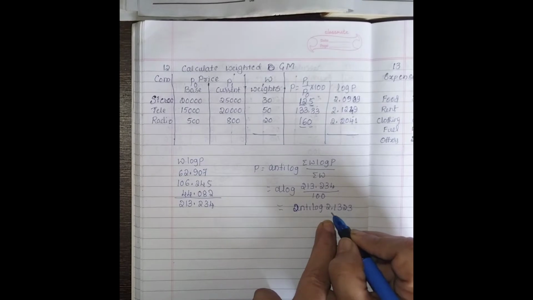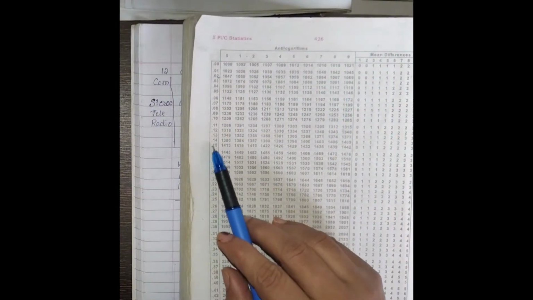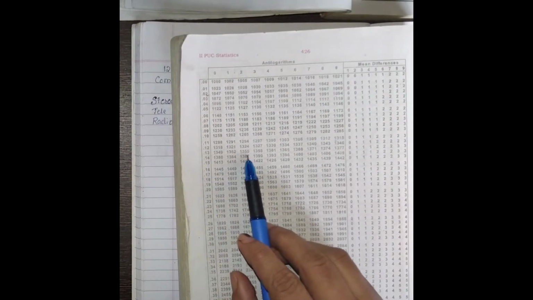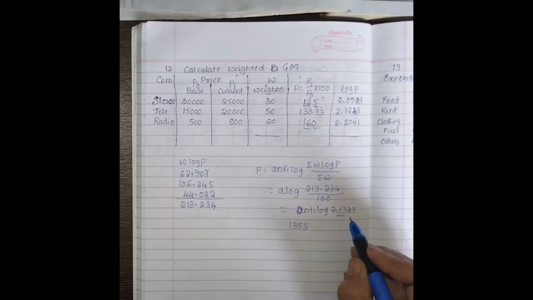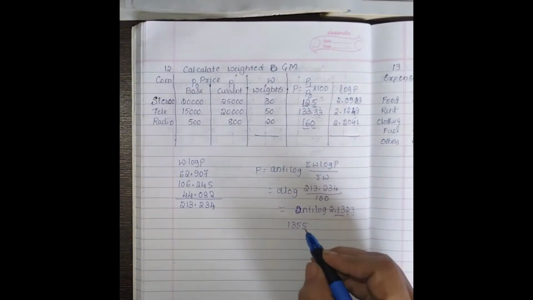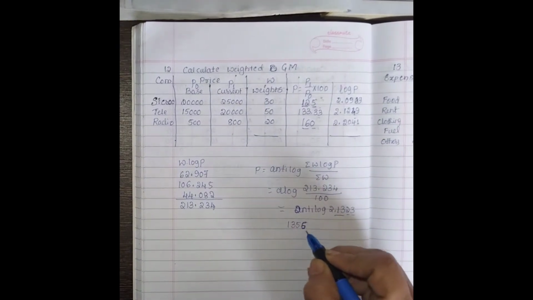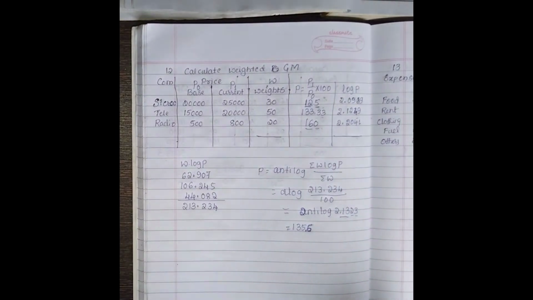Then in the antilogarithm column you have to see 0.13 in second column, that is 1355, and 3 as a mean difference means that is 1 you have to add. 1356. Then after 3 values you have to put a point. That is 135.6 is the answer.